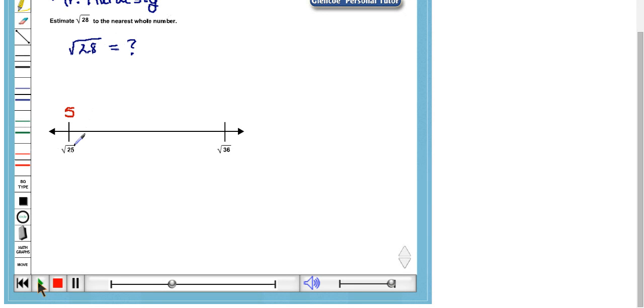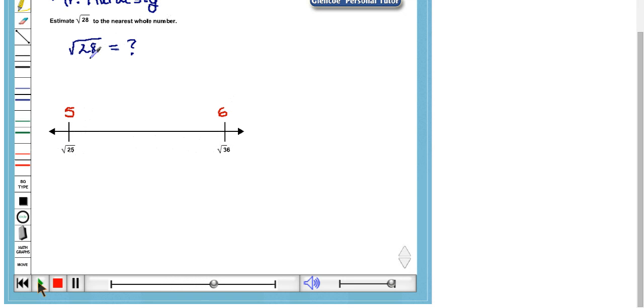That's a whole number. The square root of 36 that we have here at the other end of our number line, that's equal to 6. So we can see that between the square root of 25 and the square root of 36, there are many other square roots. These two represent the nearest whole number, 5 and 6.